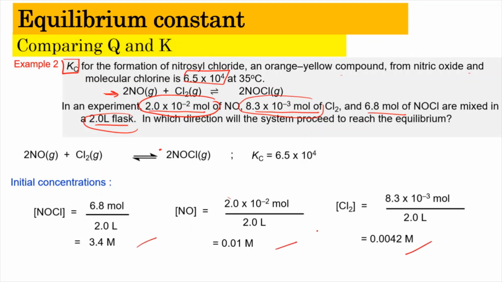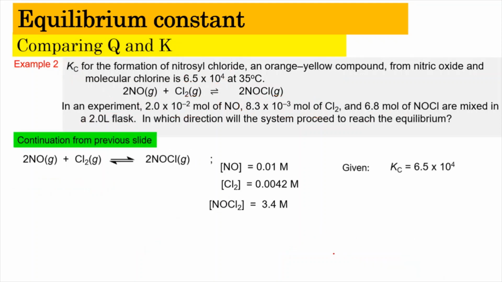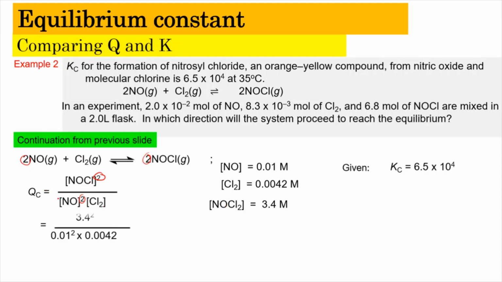So we already got the initial concentration. By finding the initial concentration, we can now find the QC, and we're going to do that in the next slide. So here is the initial concentration. For the QC, we're going to write the expression once again, which is NOCl to the power of 2 divided by the concentration of the reactants, which is NO to the power of 2 and the concentration of Cl2. We substitute the values into the expression: NOCl is 3.4 to the power of 2, NO is 0.01 squared, so do not forget that, and Cl2 is 0.0042.